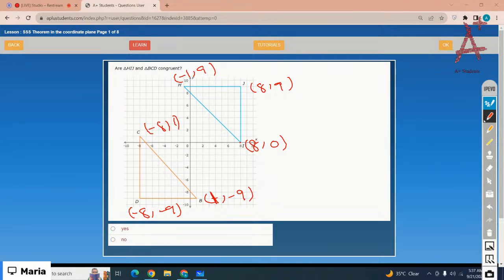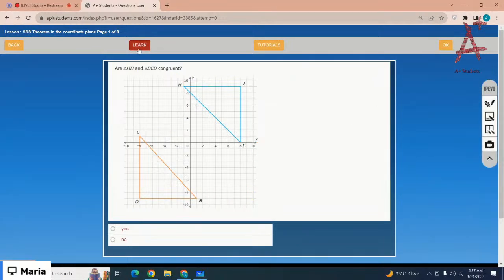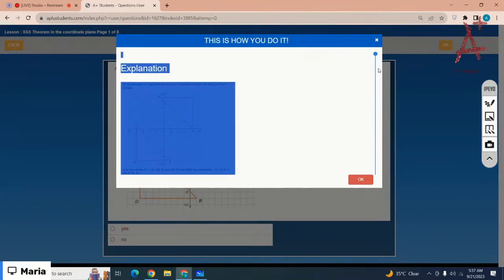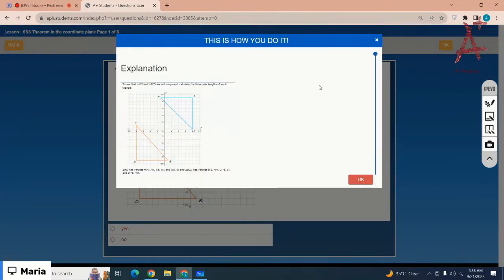You can use the distance formula to calculate their distances. Okay, let's just calculate the distance from this side. But this is too small, even very hard to read.